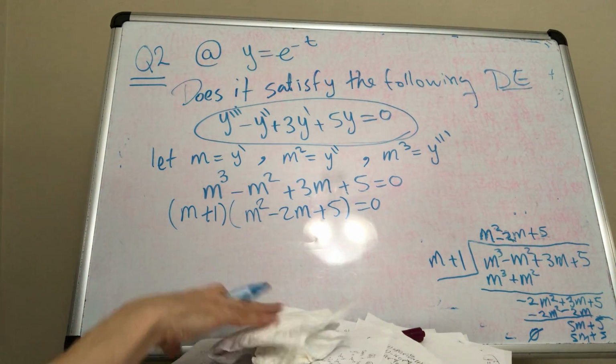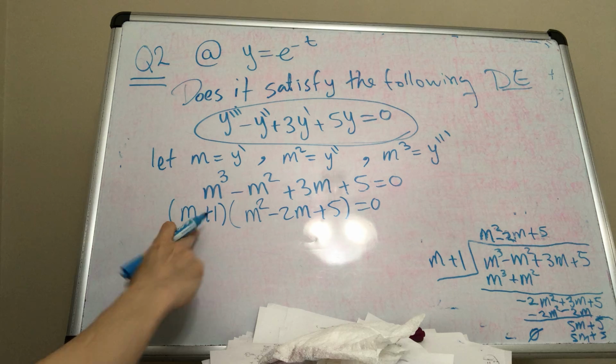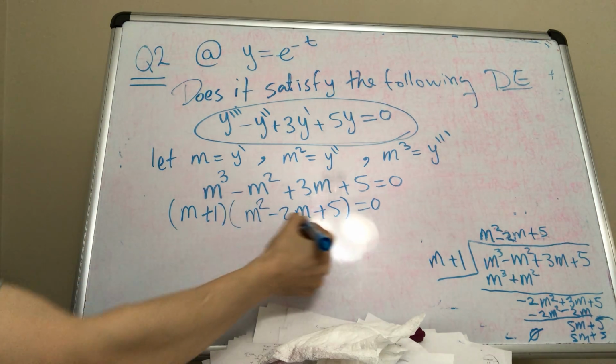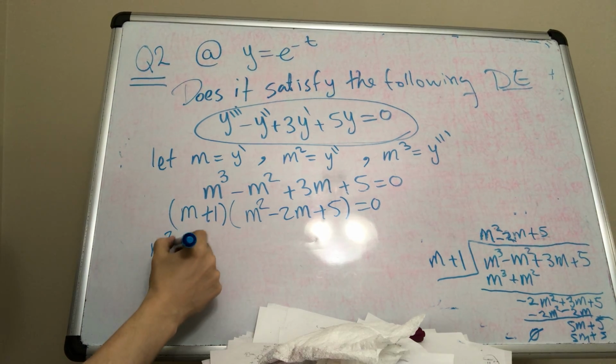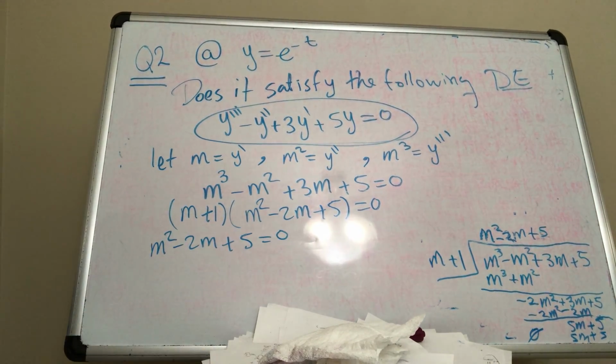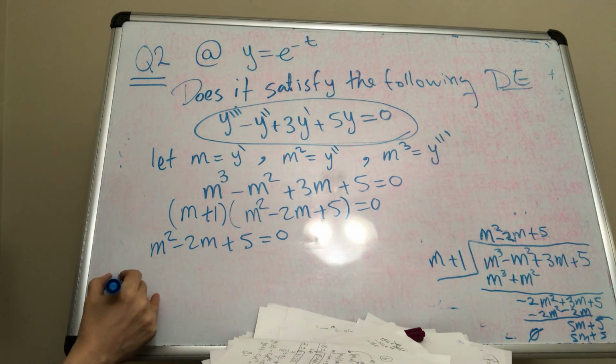So we already know that if we set this to 0, we get the first answer, minus 1. Now we need to set this to 0 to get the other answer. Well, you can try and factor this, but again, this is not something that could be factored. So we can apply the quadratic formula.